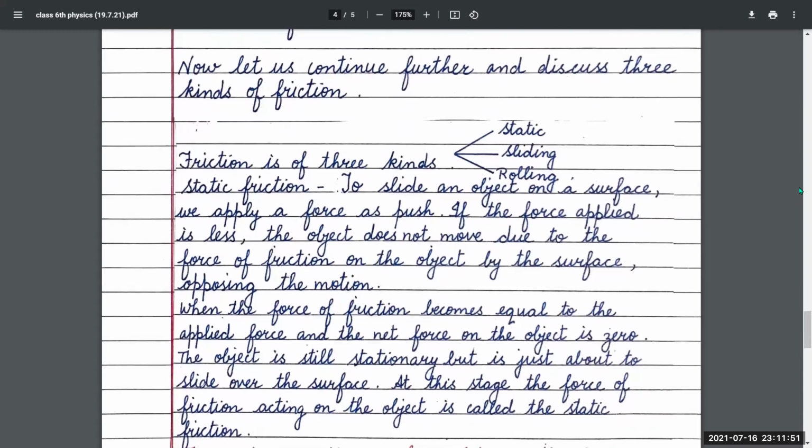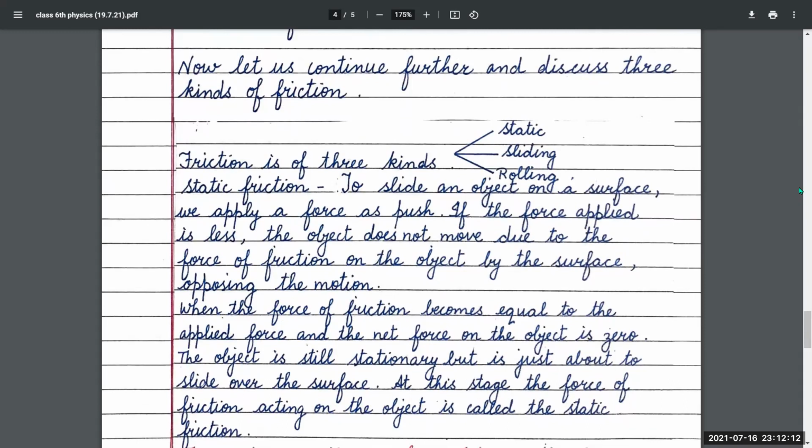Now let us continue further and discuss 3 kinds of friction. Friction is of 3 kinds: static friction, sliding friction, and rolling friction. Static friction.